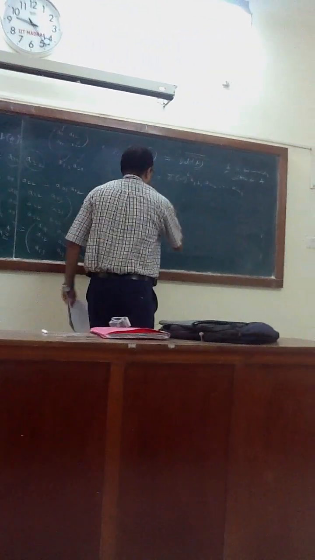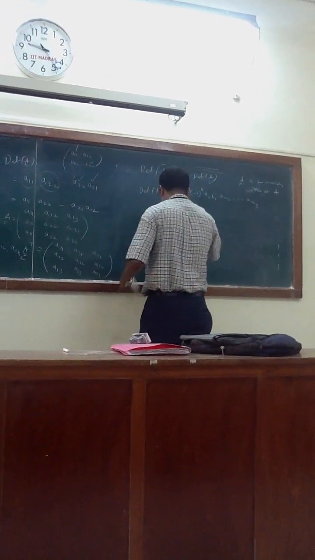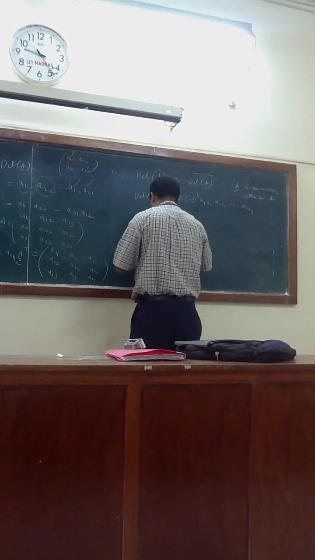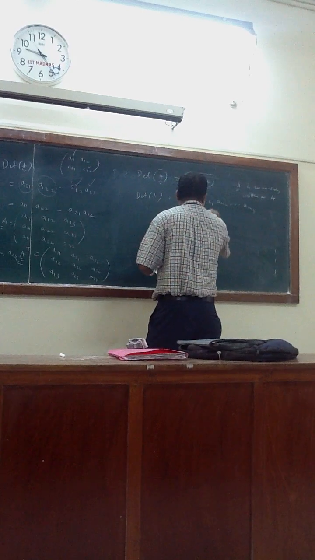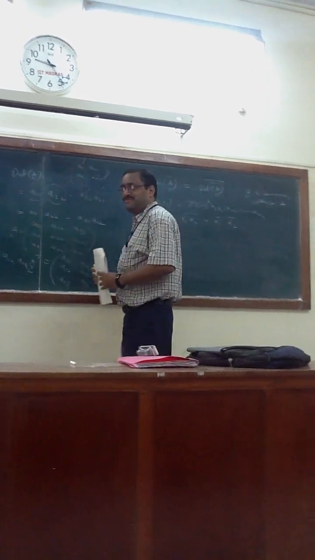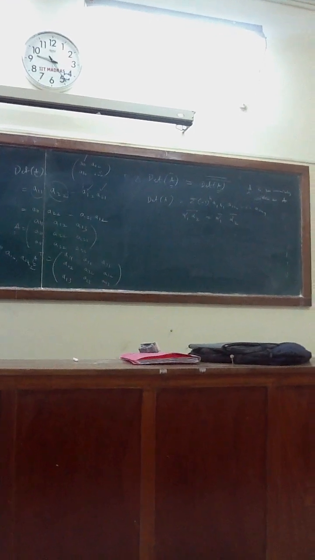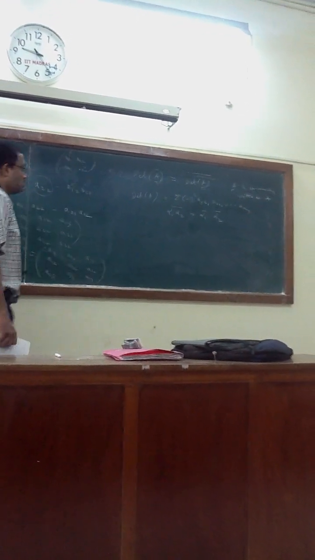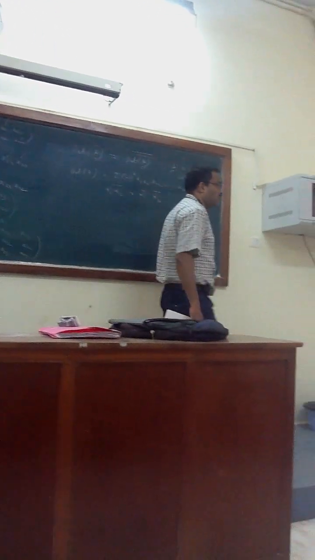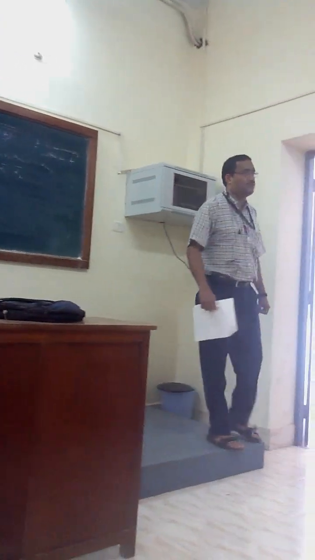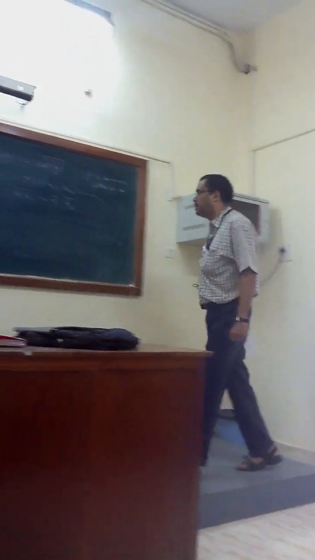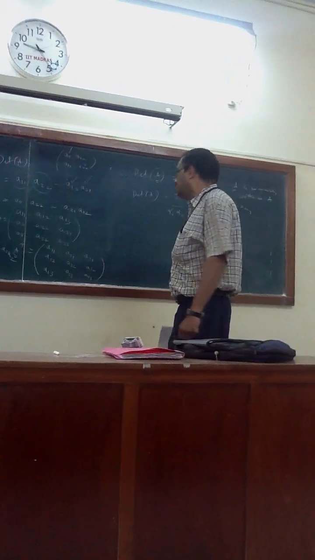And you know that in complex algebra, the conjugate of alpha 1 alpha 2 is nothing but alpha 1 bar times alpha 2 bar. So alpha 1 alpha 2 bar is alpha 1 bar into alpha 2 bar, right?